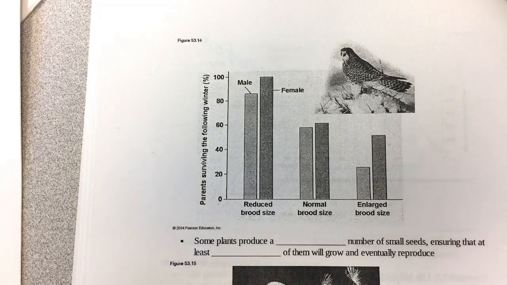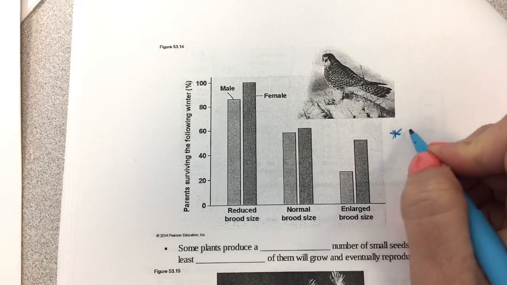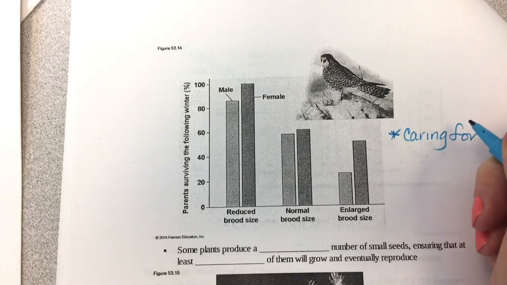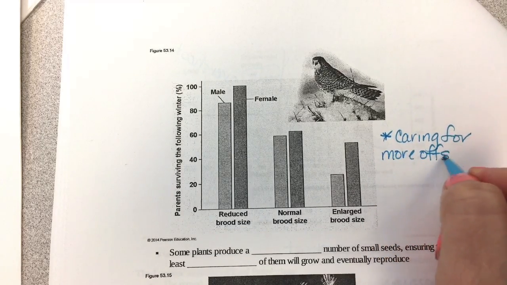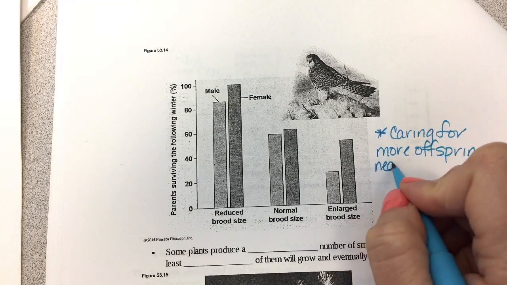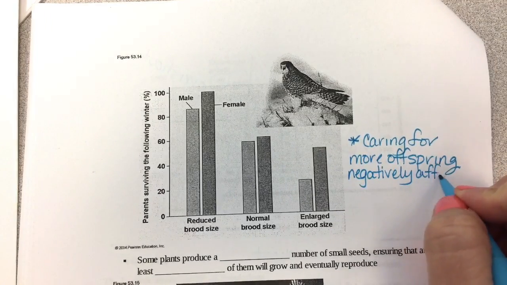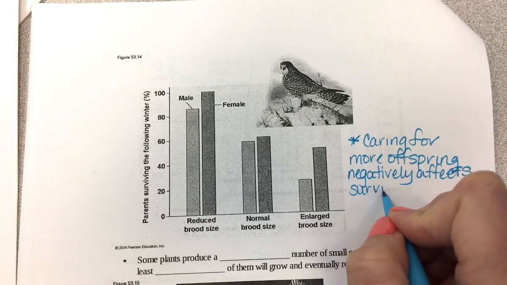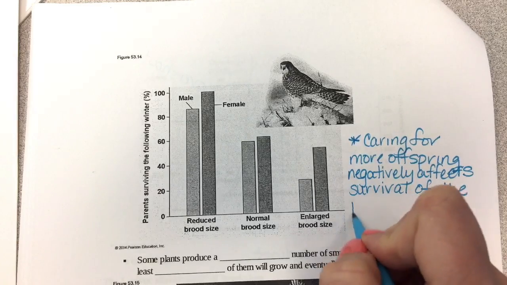And so what we can learn from this, I'm going to put here, caring for more offspring negatively affects the survival of the parents.